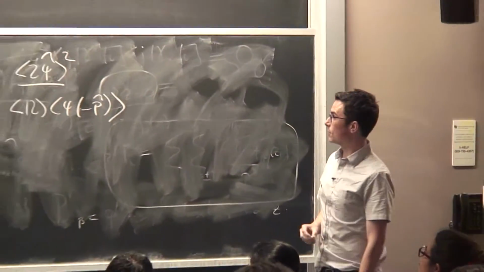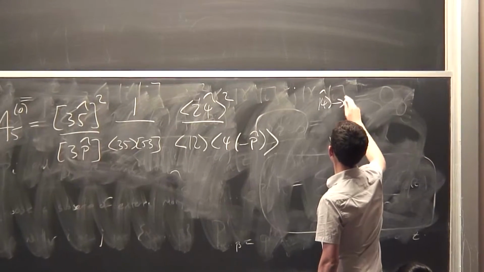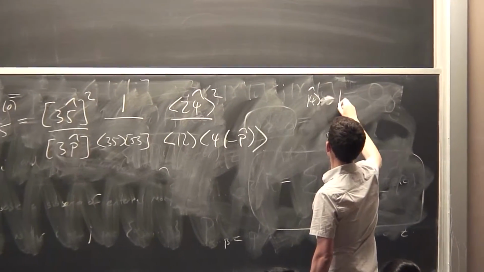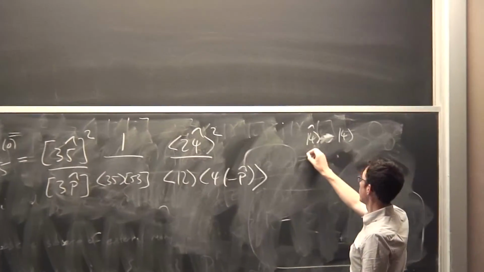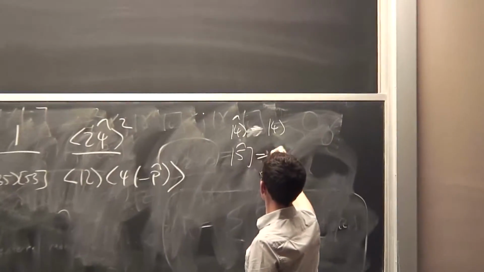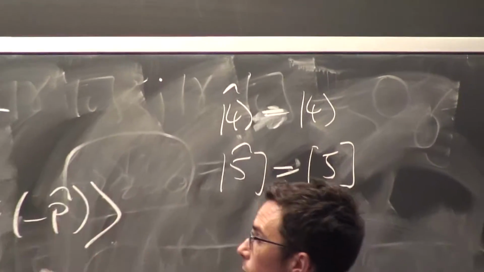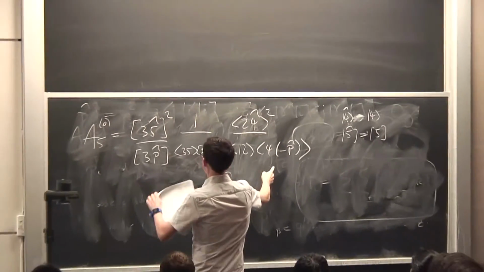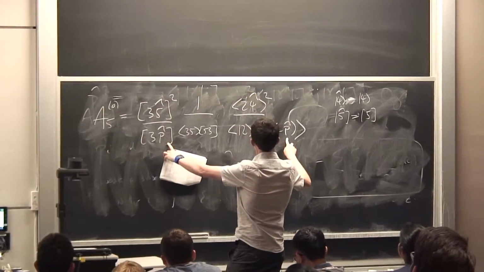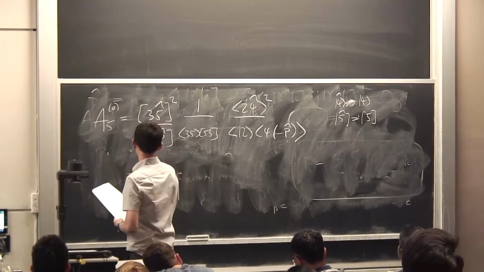Now under my shift, angle hat is just equal to 4, and 5 square brackets is equal to 5. So it's trivial for me to put that into this. I just have to remove the hats. And so the only non-trivial dependence I have left is in the p hats. So I join these two up together to make a spinor sandwich, which is delicious.